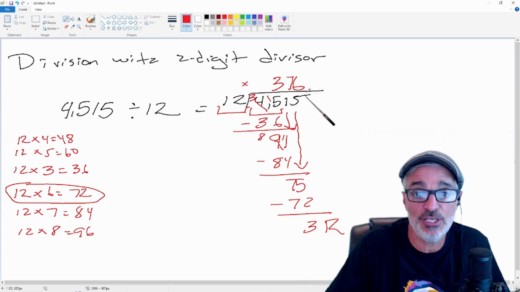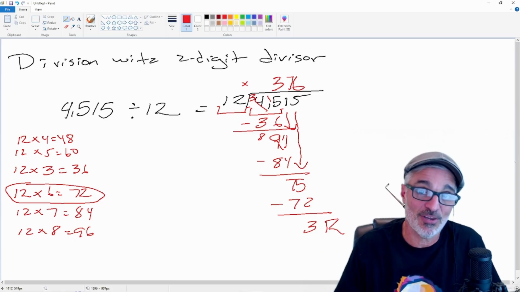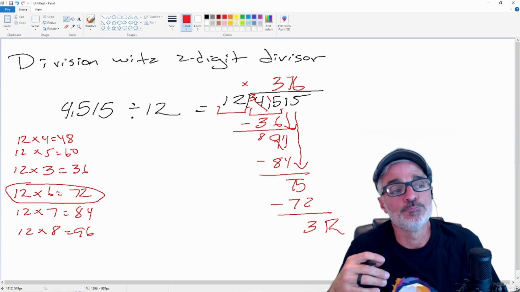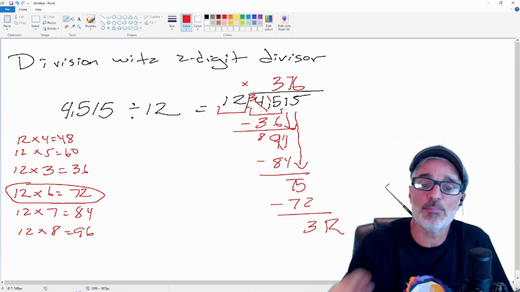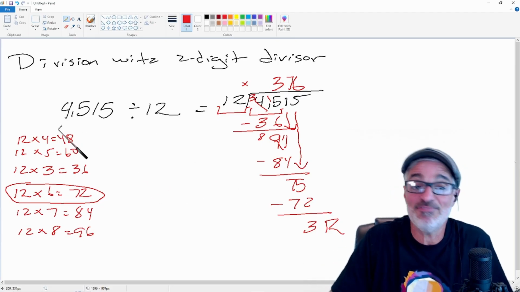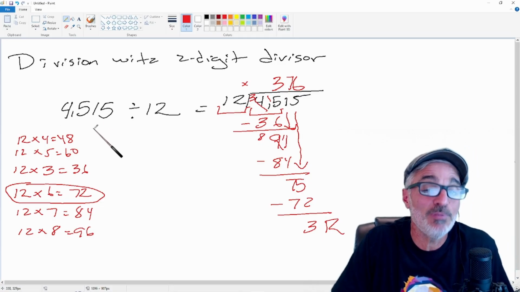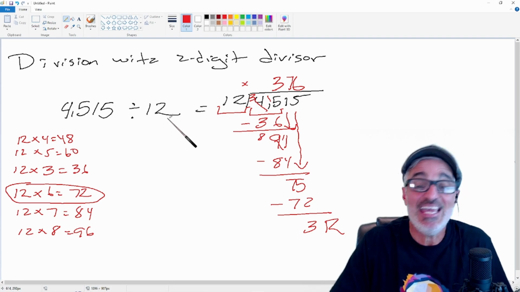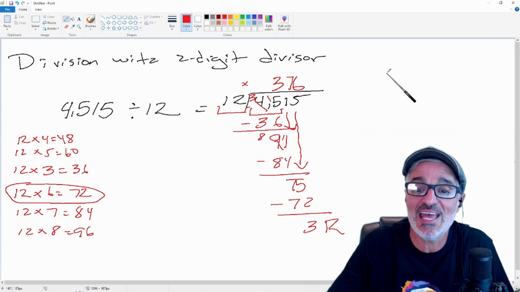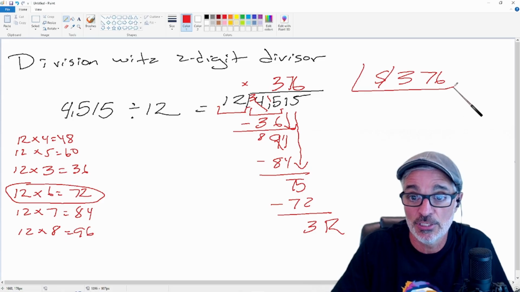I can put a decimal here and bring the decimal up and start adding zeros and dropping the zeros so that I can get a more specific or more accurate answer. But in this case, I'm going to stop it there and say that if I have $4,515 and I want to split them in equal parts between 12 winners of that money, each one of those 12 winners will get $376.